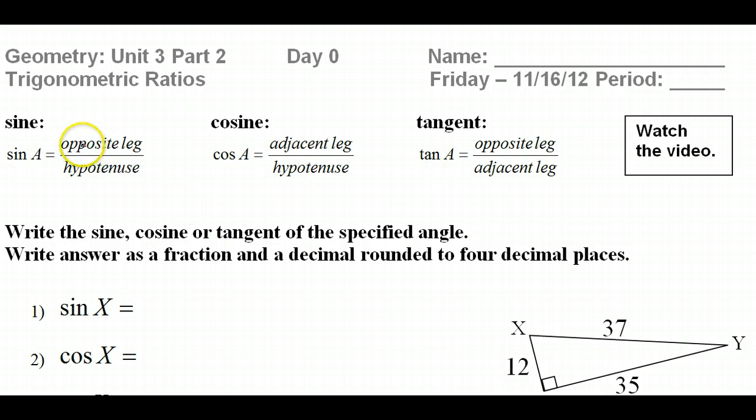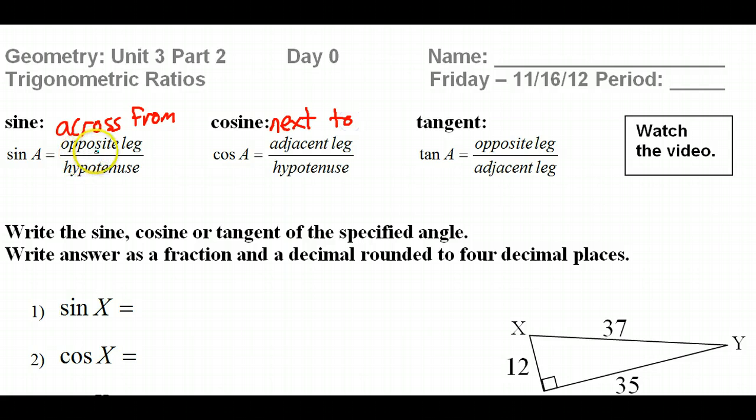Now, you have to understand what these definitions mean, because we're going to be using these till the end of this semester. When I say opposite leg, opposite means across from, as opposed to adjacent, which means next to.